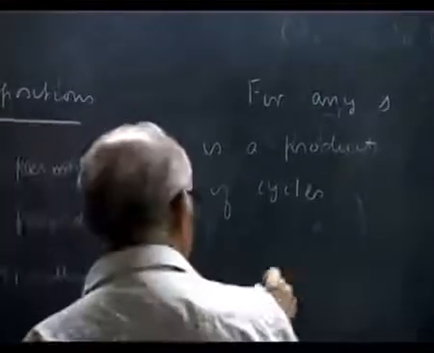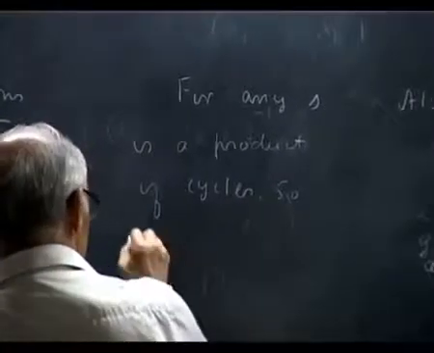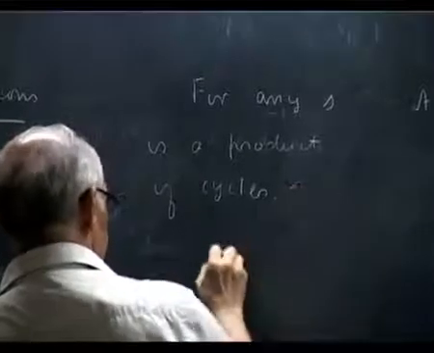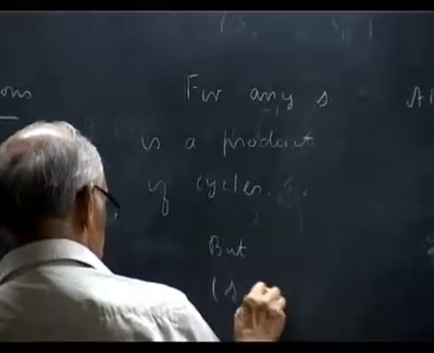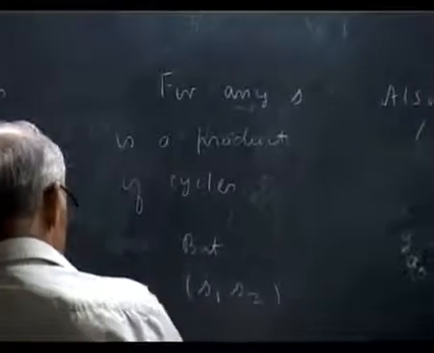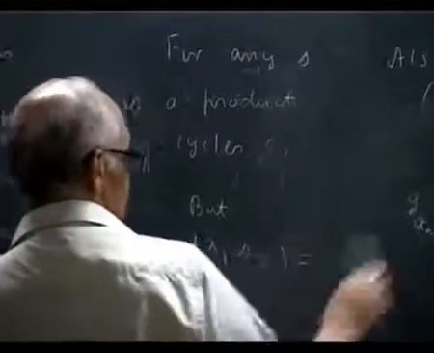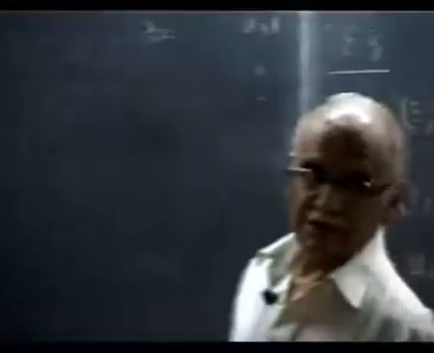Now, let me look at this. If I take S1, S2 and multiply by S1, S3, what is this? It's a product of 2 transpositions.